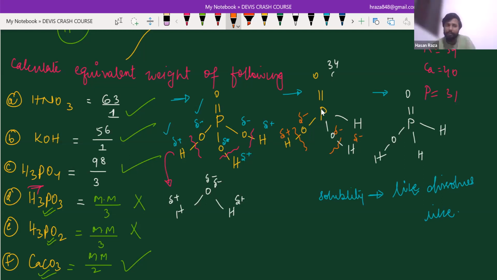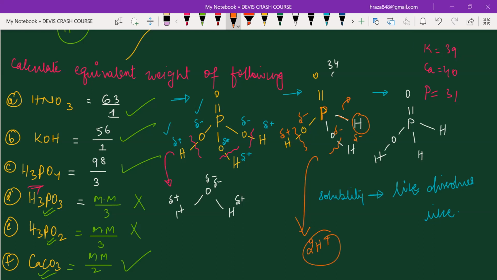But phosphorus and hydrogen do not have that much electronegativity difference. And it's not that much polar that it will be dissociable. That's why this hydrogen does not dissociate, and this H3PO3 gives us only 2H plus.